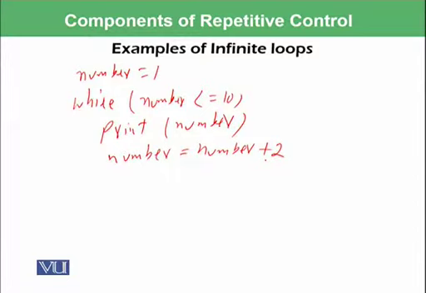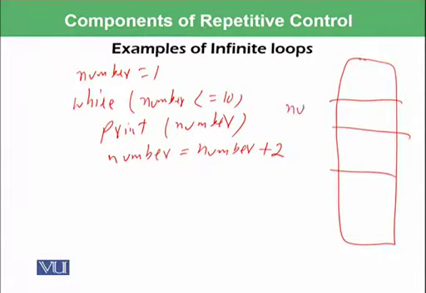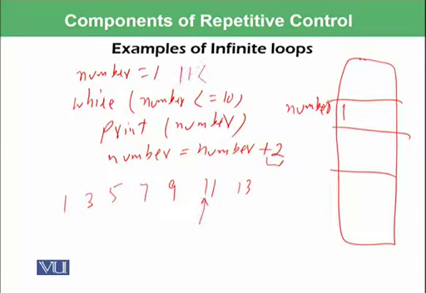Let's see what will happen now. We have a RAM, and here is a location called number, which initially has the value of 1, and that is going to be incremented by 2. So next time it will become 3, then 5, 7, 9, 11, 13 and so on. When it becomes 11, the condition is false because 11 is greater than 10, and this loop will be terminated.